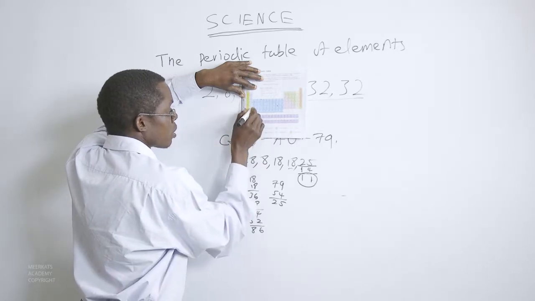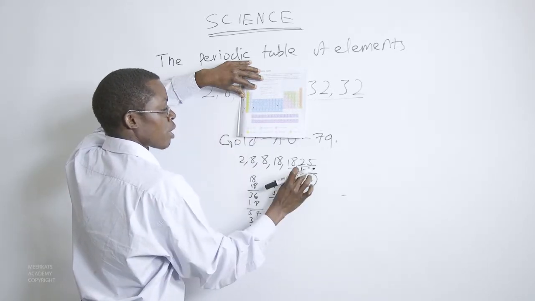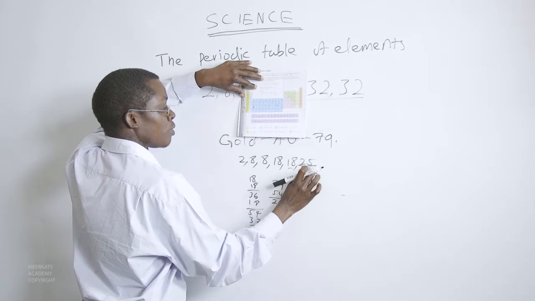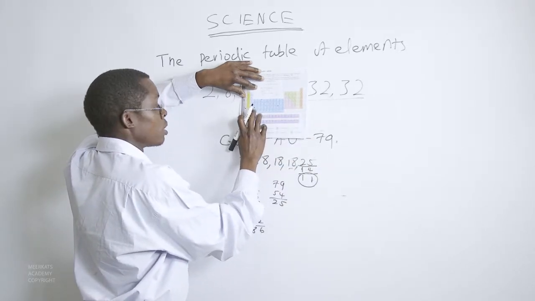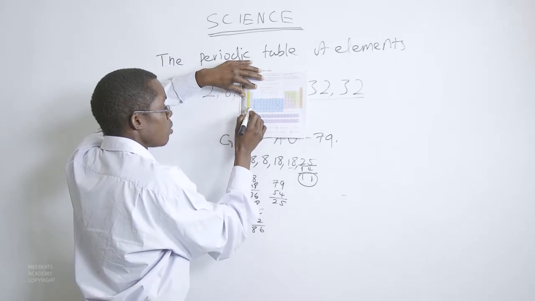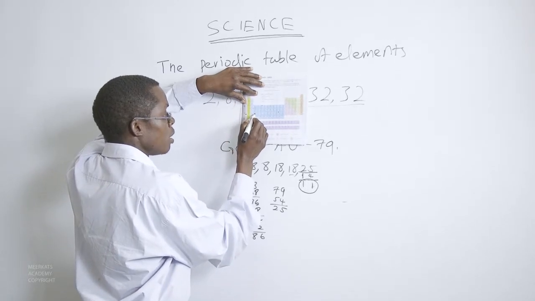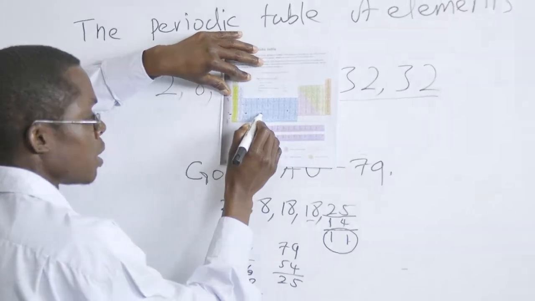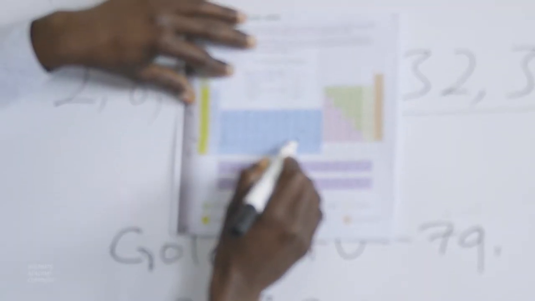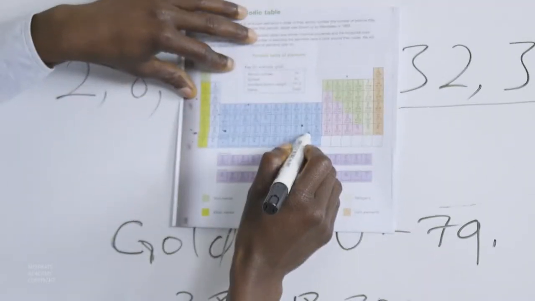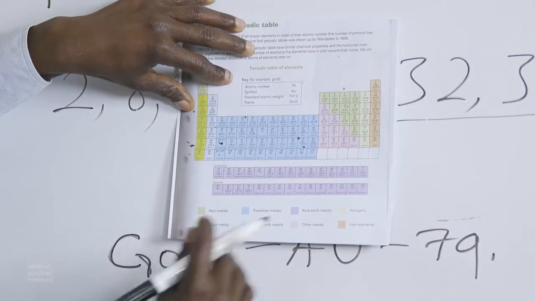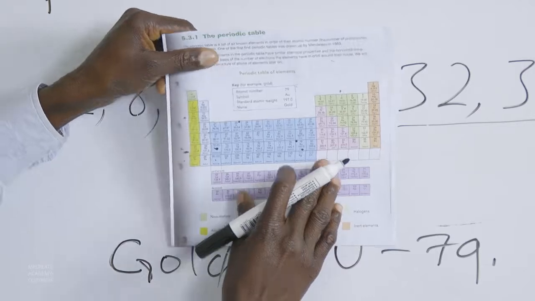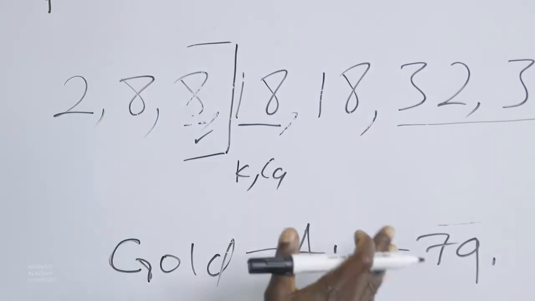Just to recount, 1, 2, 3, I'm including it, 4, 5, 6, 7, 8, 9, 10, 11. And 11 is the point where we have gold as an element. Having confirmed the 6 and 11.